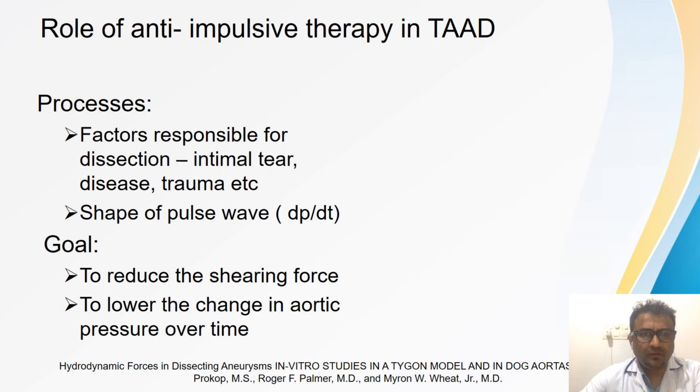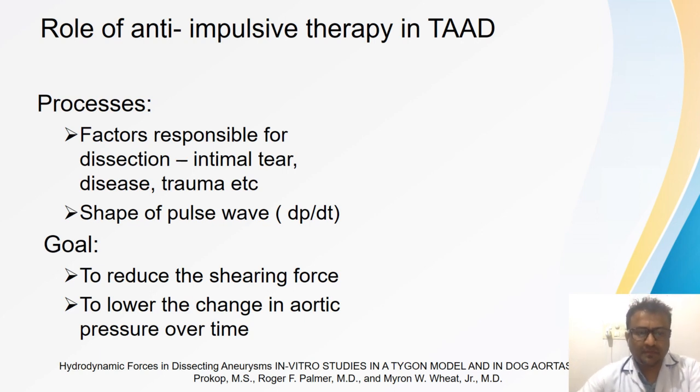The role of anti-impulsive therapy in type A aortic dissection. The pathological factors responsible for the dissection are not only the internal tear, disease, trauma, etc., but also the shape of the pulse wave, which is also noted as dP/dt.